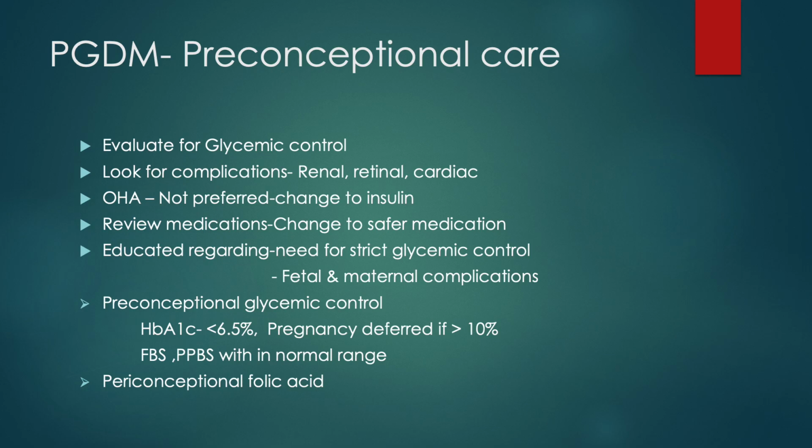These women are more prone to complications due to macro or microvascular disease, mainly renal, retinal, and cardiac diseases. So they have to be evaluated for kidney function, fundoscopic examination for any proliferative retinopathy, which if present should be treated promptly, and evaluation of cardiac status.